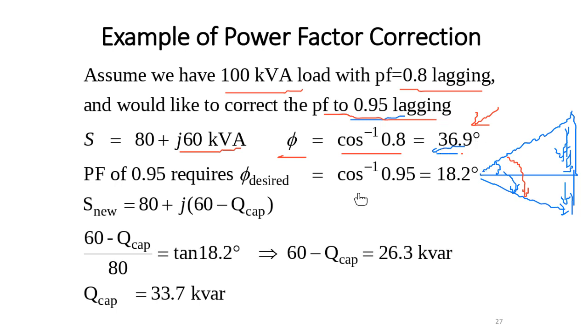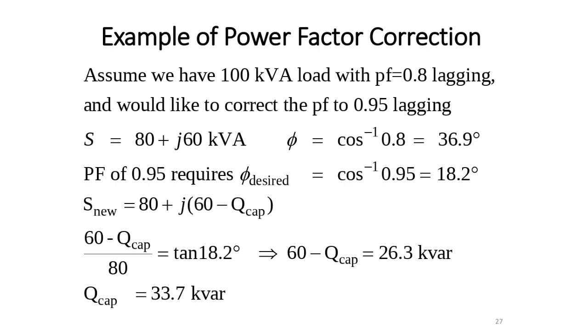Cosine inverse of 0.95 will give you 18.2 degrees. It means that we want to reduce the 36.9 to 18.2 degrees. So we want to make it small.